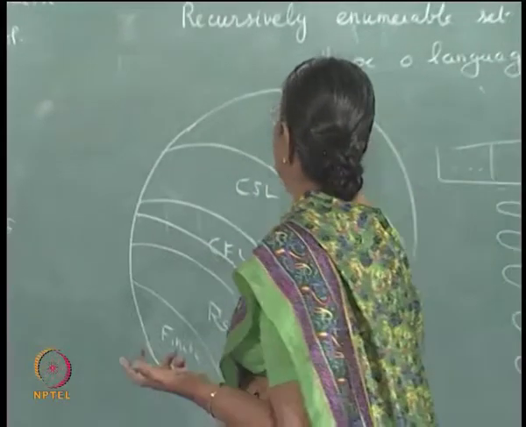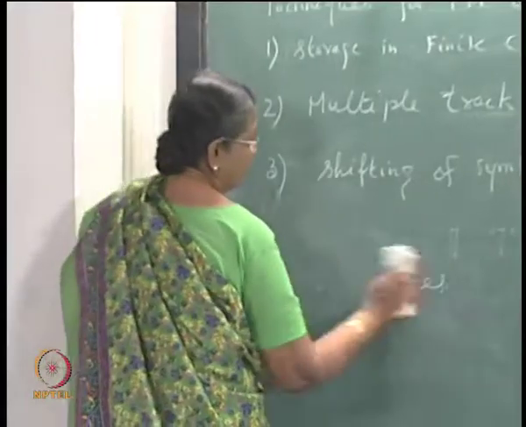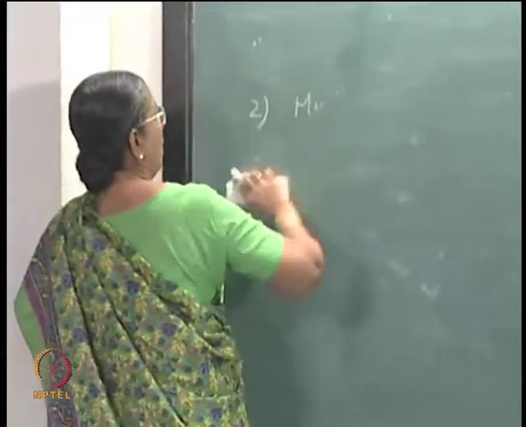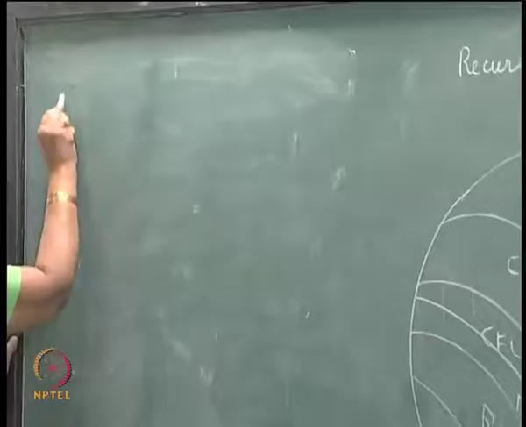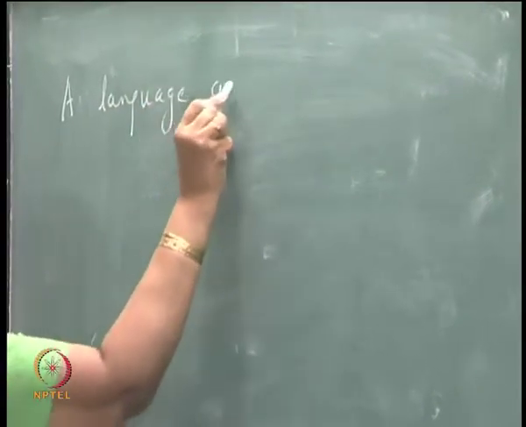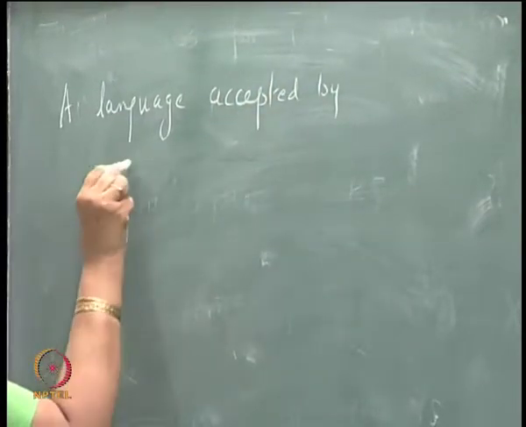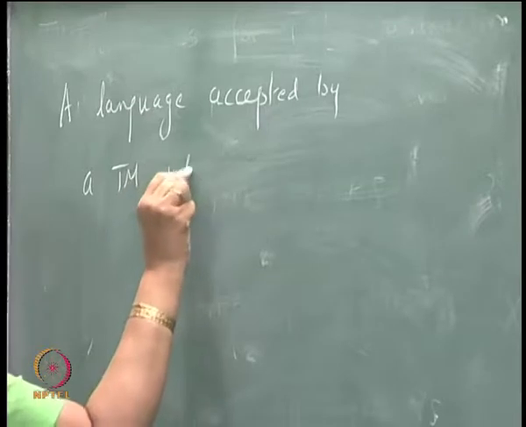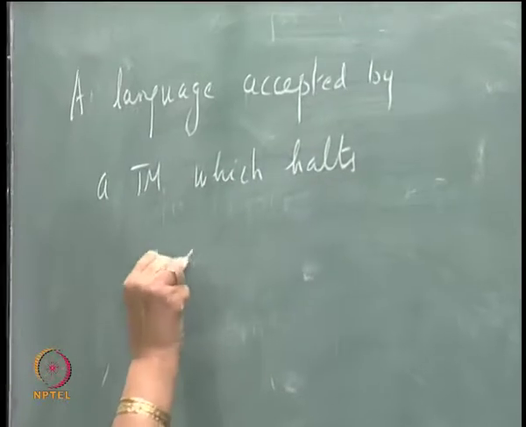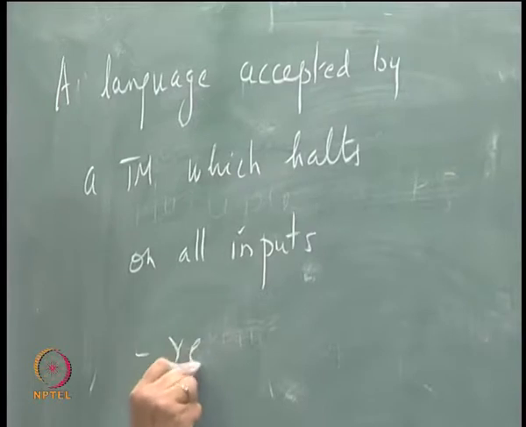Now, a language accepted by a Turing machine which halts on all inputs is called a recursive set.